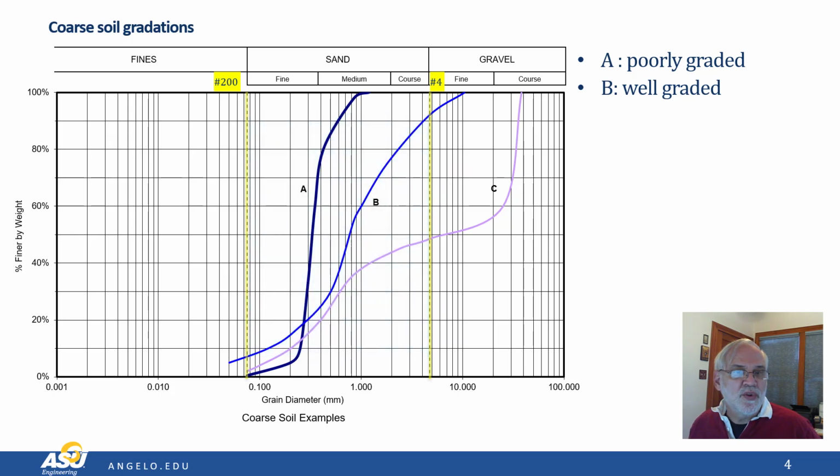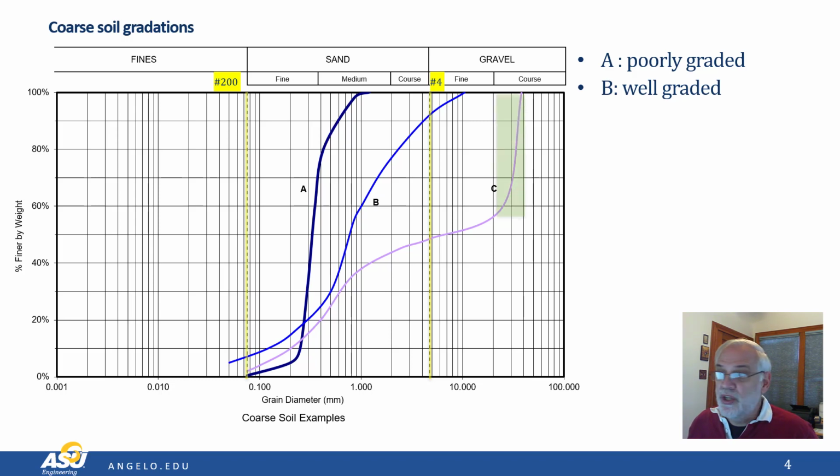Soil C has an interesting grain size distribution. It covers a wide range of particles from less than 1/10 of a millimeter in diameter to over 30 millimeters in diameter. That is, from fine sand to coarse gravel. However, the distribution isn't uniform across this range.